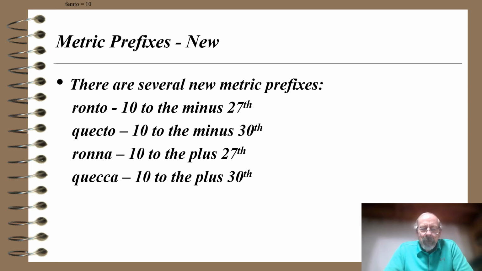I probably murdered those, but you probably haven't heard of these, and you probably haven't heard of a lot of the ones on the prior slide. But as time goes on, and our measurement techniques get better and better, we'll probably introduce those. So you see that we go from 10 to the plus 30th to 10 to the minus 30th. That's 60 powers of 10.